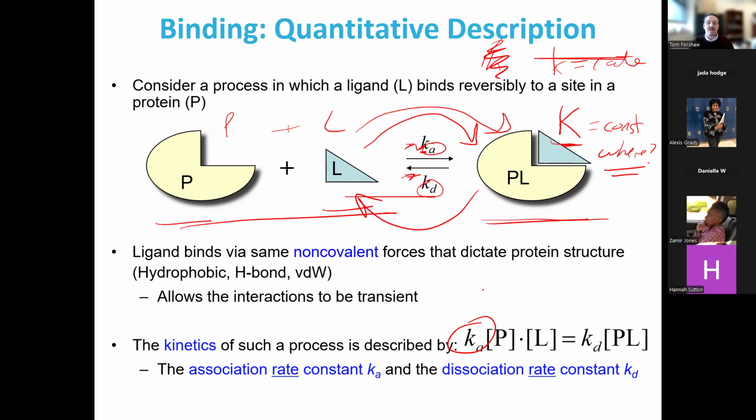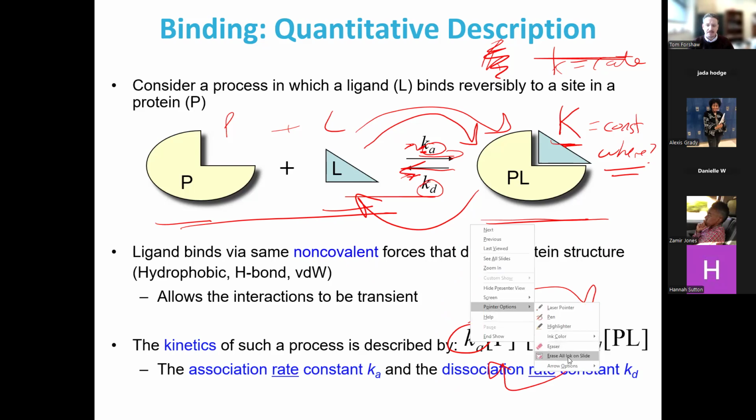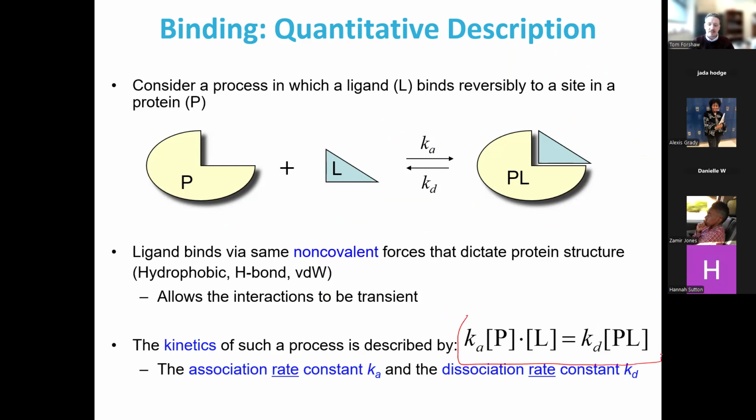The rate is, you've got a rate of the reaction going forwards and a rate of the reaction going backwards. And at equilibrium, the rate of forwards is going to be equal to the rate of backwards. And that's described by this little box down here. I'm going to clear the screen so you guys can see a little better. This equation here is describing the idea that the rate of them coming together and the rate of them breaking apart, when things are at equilibrium, are going to be equal.